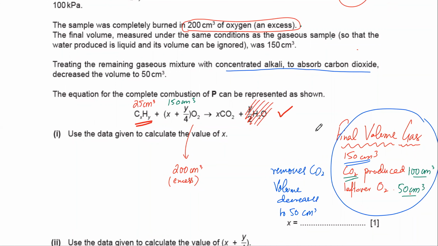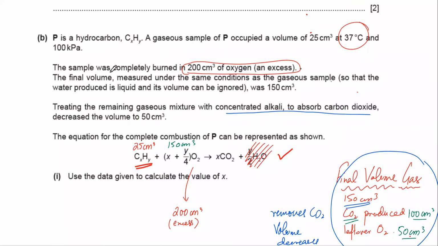The other thing is, why is it necessary that the gases must be measured under the same conditions? It is necessary because gases expand and compress. If you change pressure or temperature, the volume of gas increases or decreases.